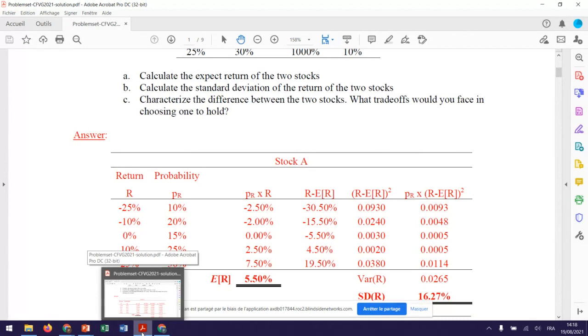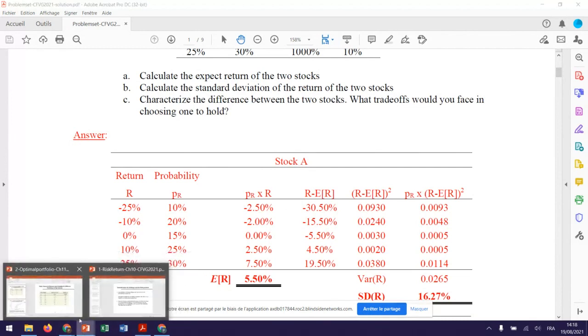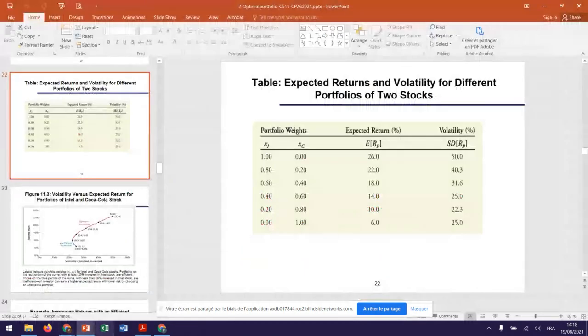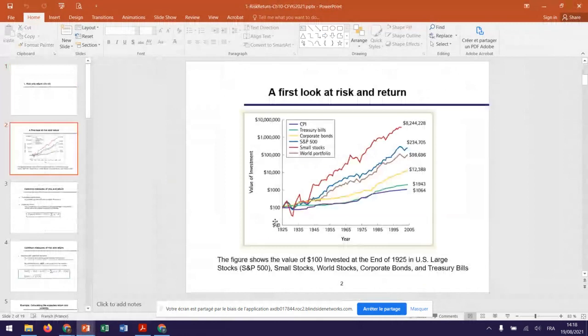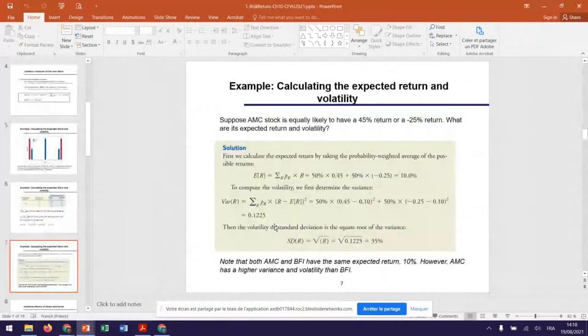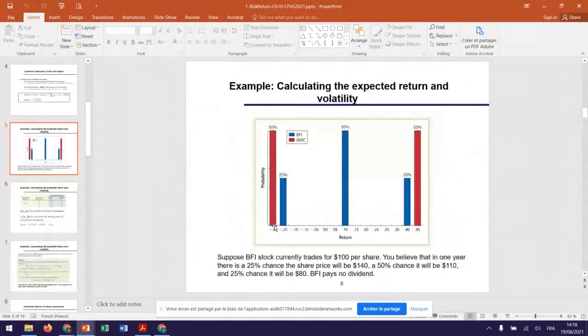It's like we do in the BFI, right? The BFI, you say that you prefer the BFI stock than the AMC stock, because with the same expected return, the BFI stock, the investor bears lower volatility.